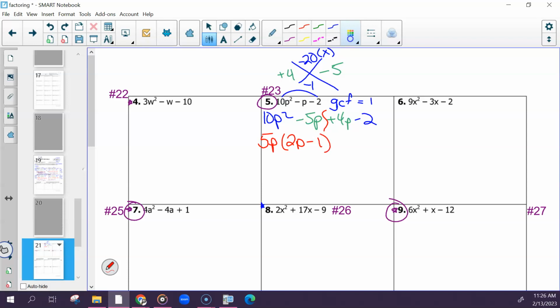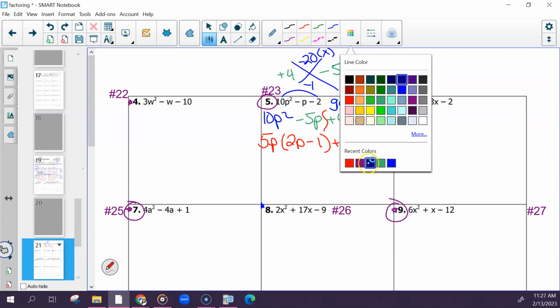What do these 2 have in common? 2. And it would be positive. And if we divide that out, what's left? 2p minus 1.